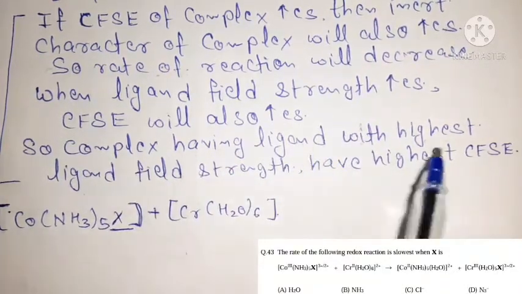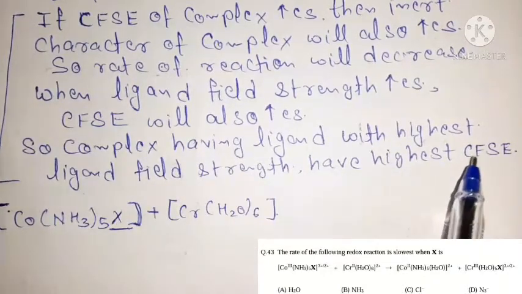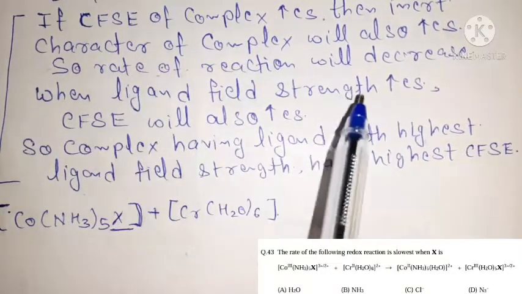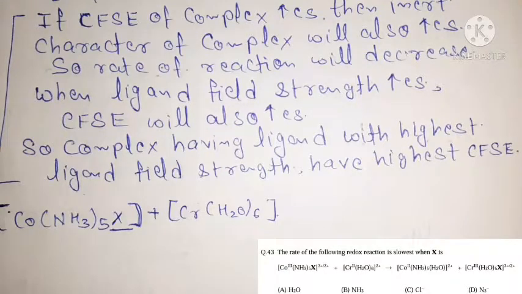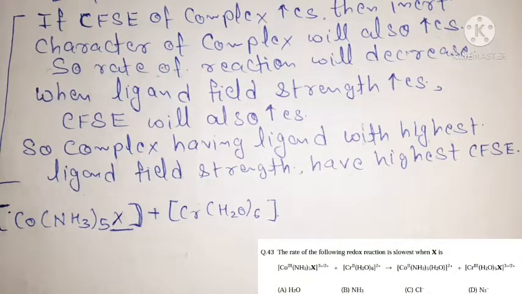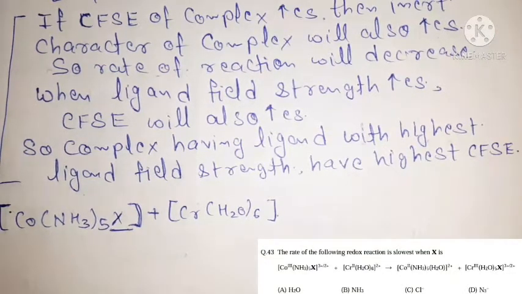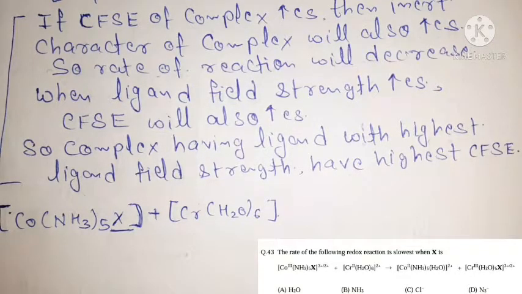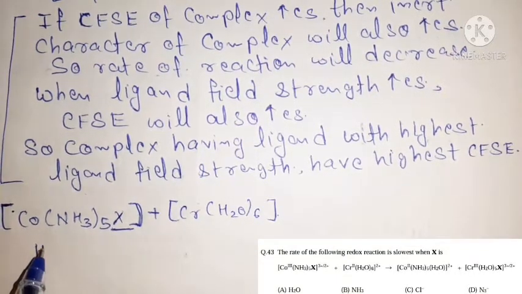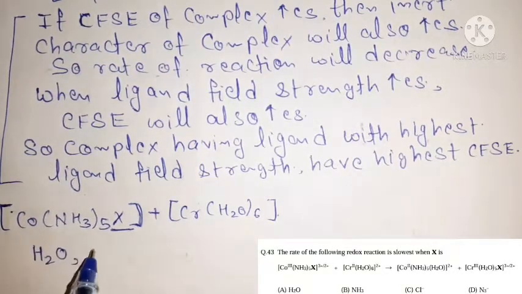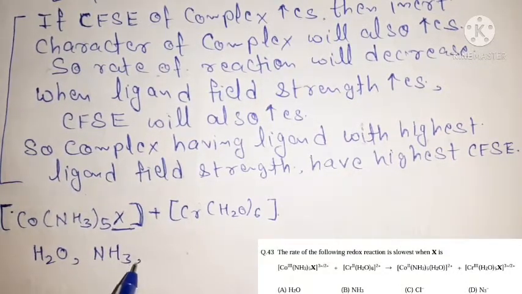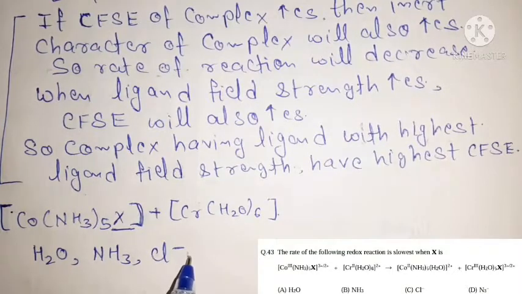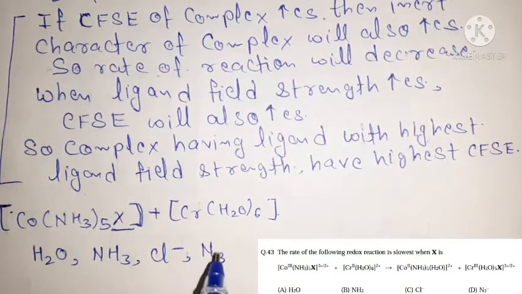Complex having ligand with highest ligand field strength has highest CFSE, and that means its rate of reaction will be the lowest. So you must know the order of ligand field strength in all these given options. We have 4 ligands in this question: H2O, NH3, Cl minus, and N3 minus.